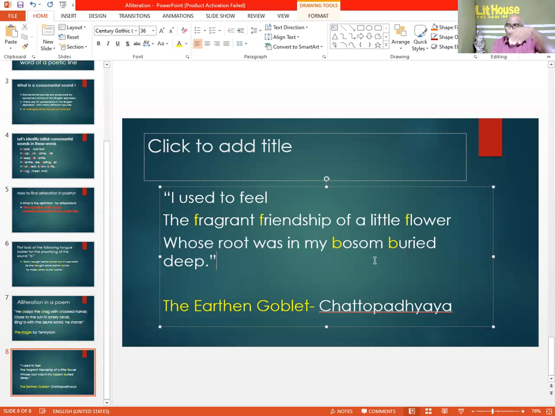Rhyming is checked between lines, at the end of each poetic line. But alliteration is checked within a line.